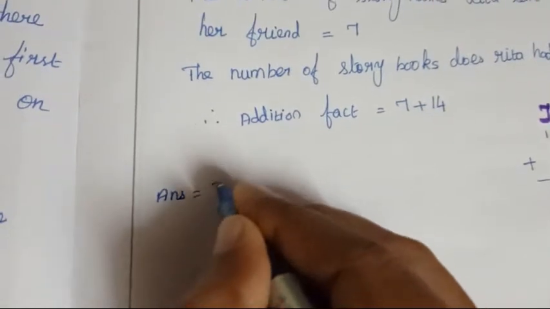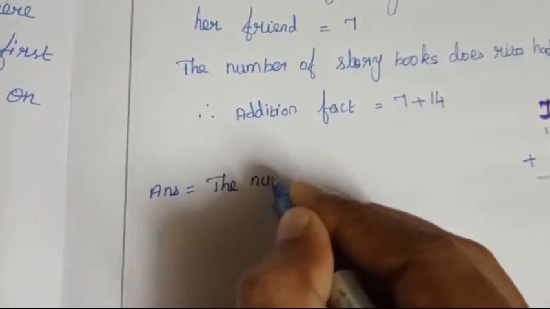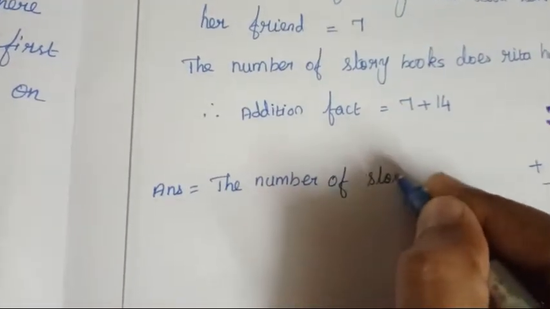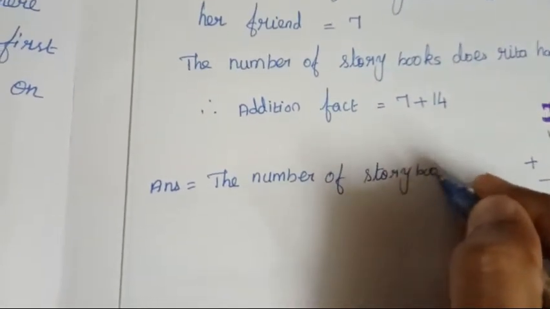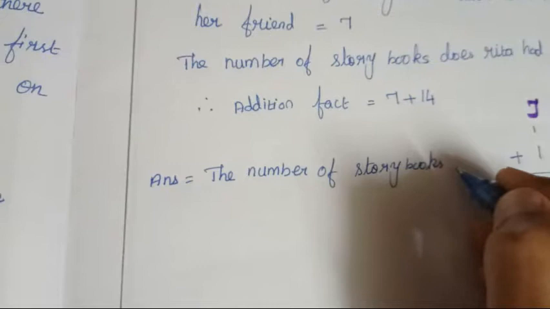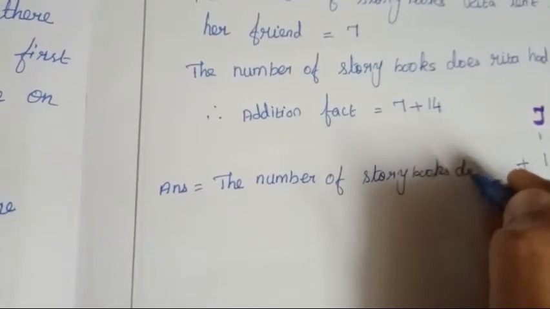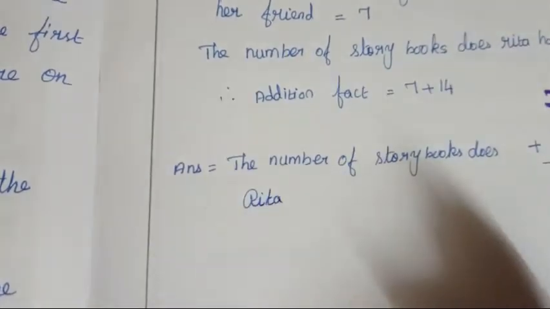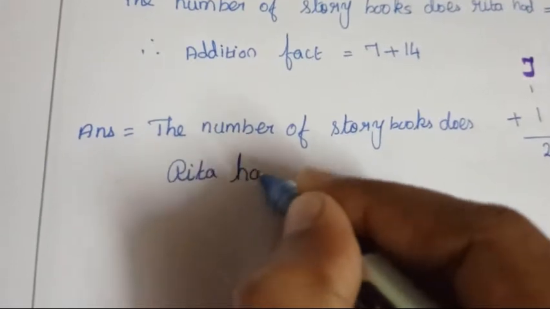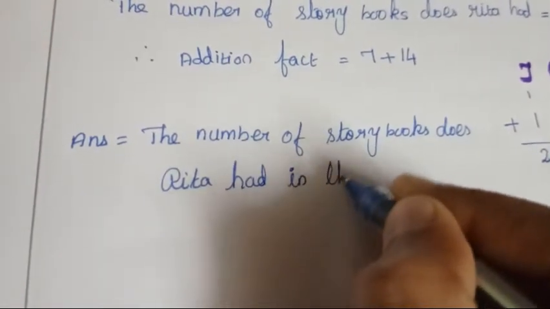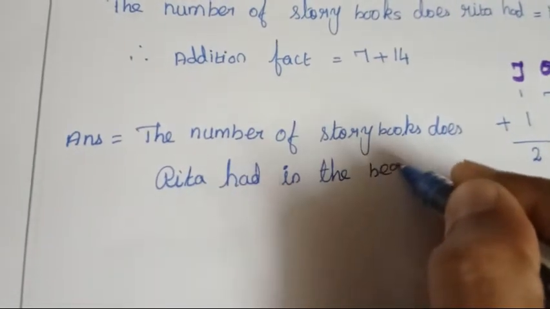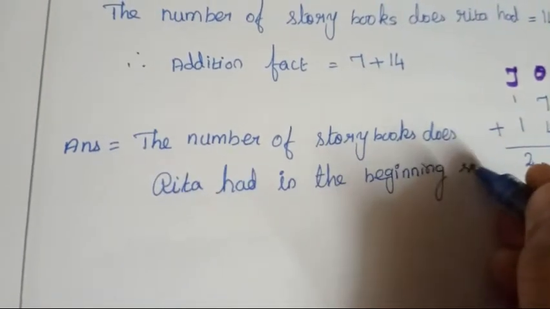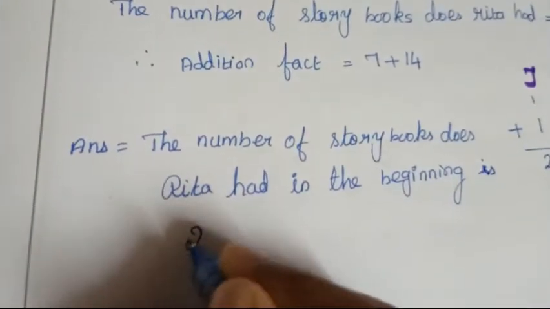The number of storybooks Rita had in the beginning is 23.